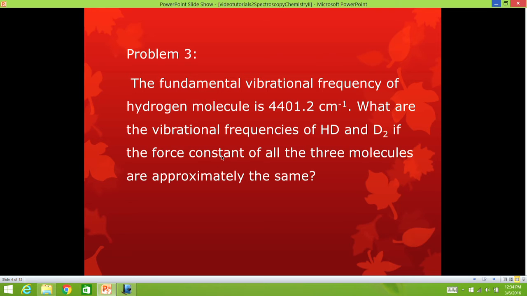This is again a very simple problem to look at, because you know the vibrational frequency is related to the force constant and the mass of the molecule, that is the center of mass, the reduced mass mu. This is the expression.